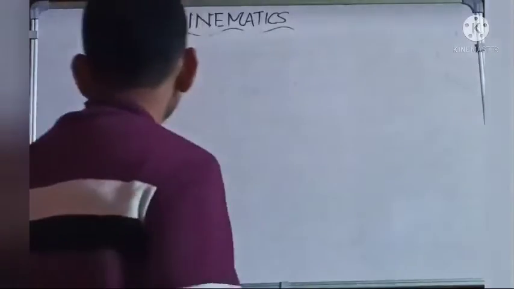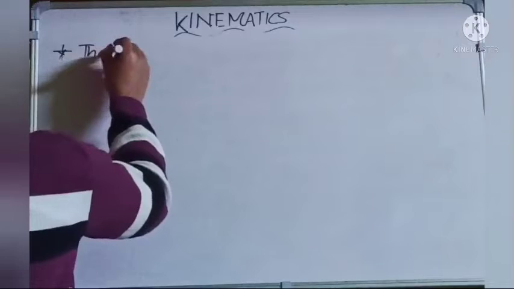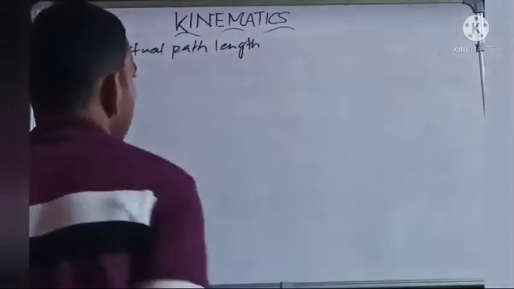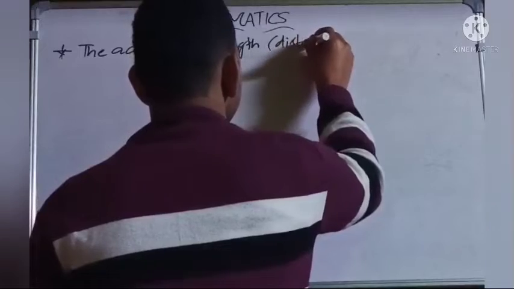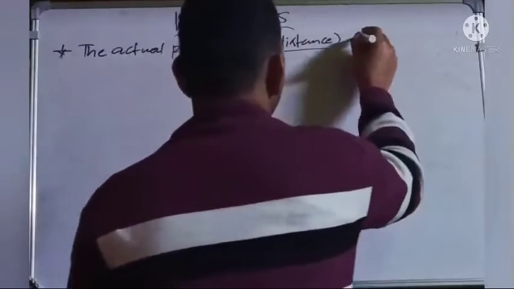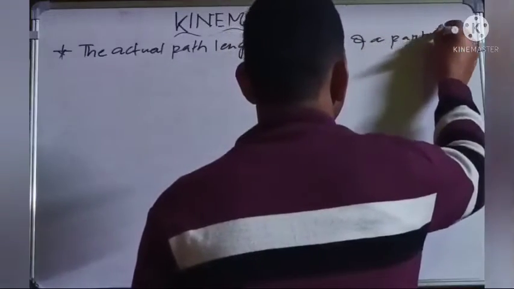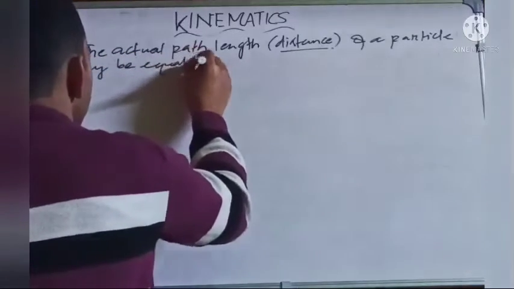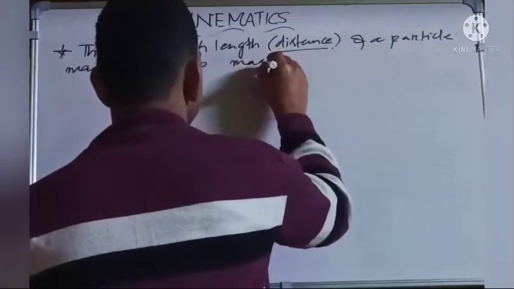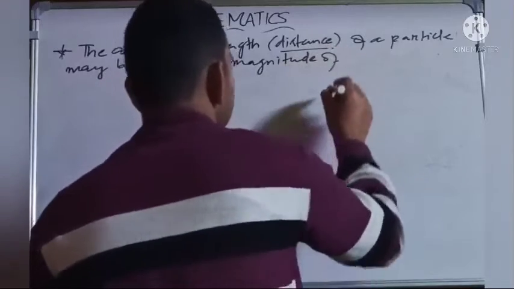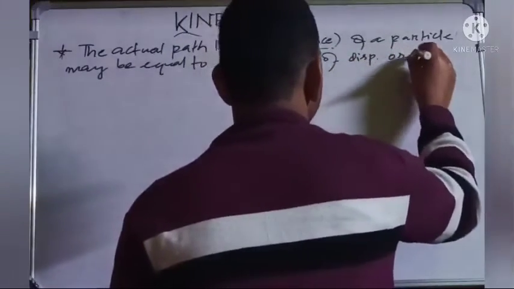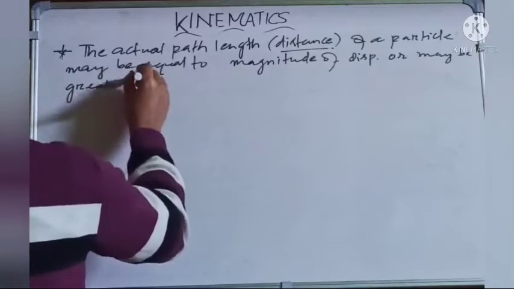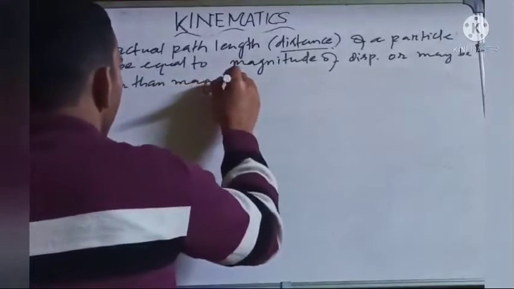Now, let's write an important point. The actual path length or distance in terms of physics of a particle may be equal to the magnitude of displacement or may be greater than the magnitude of displacement.